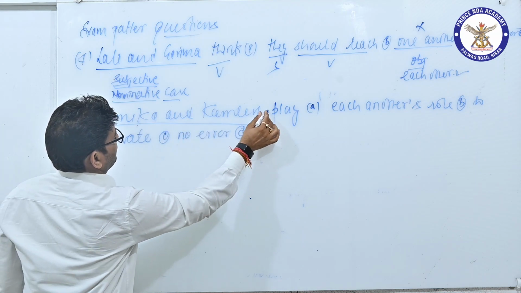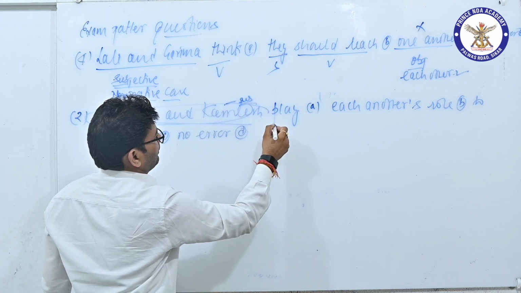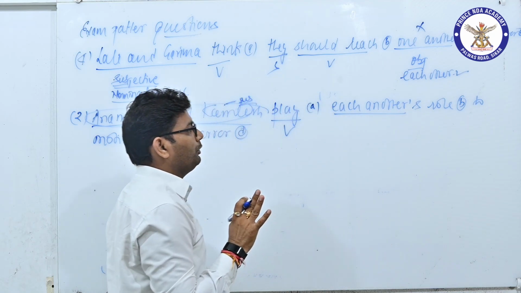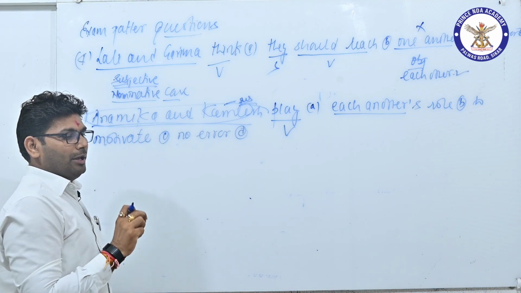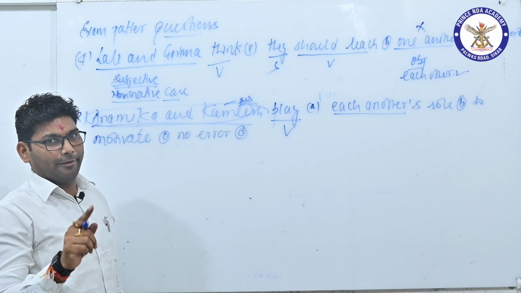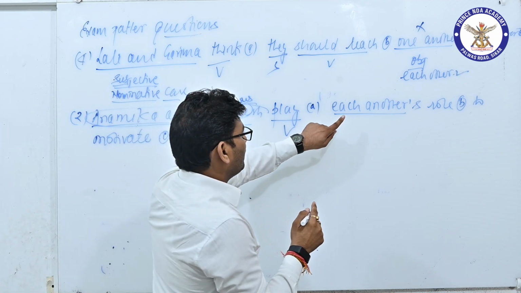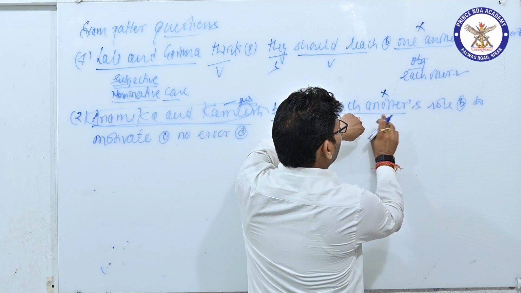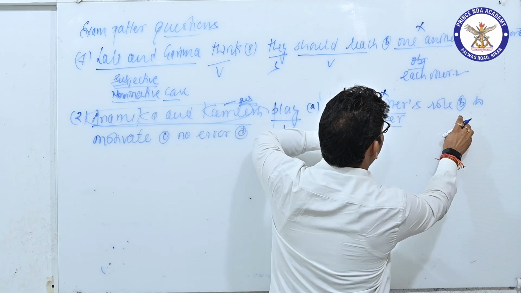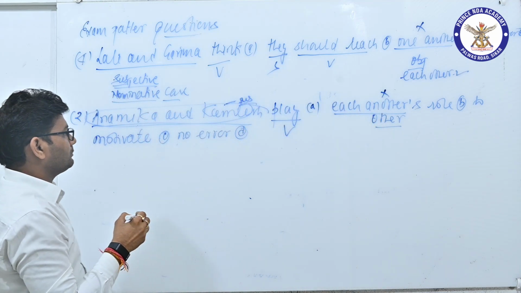Anamika and Kamlesh are here our subject, play is a verb, again each another. Now you have to be very careful. Each other is used for two and one another is used for more than two. Here we have to remove only another because each takes other. So error is in B portion. So use other rather than another.